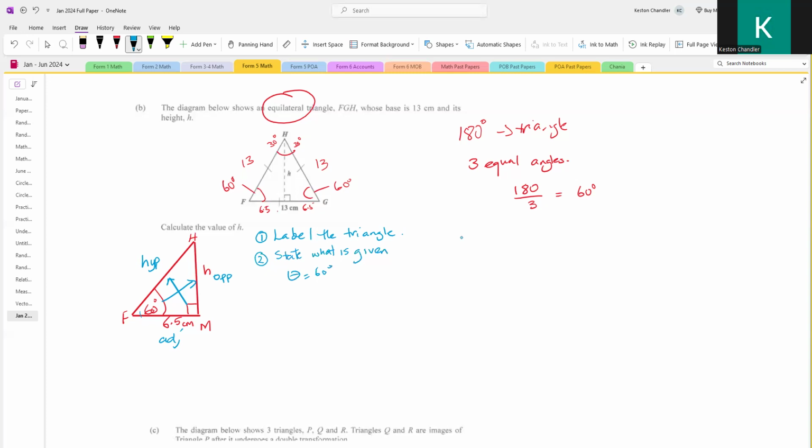My adjacent is 6.5 centimeters. The next thing I want to do is state what I must find. I want to find my opposite, which is that H that they're talking about, right?